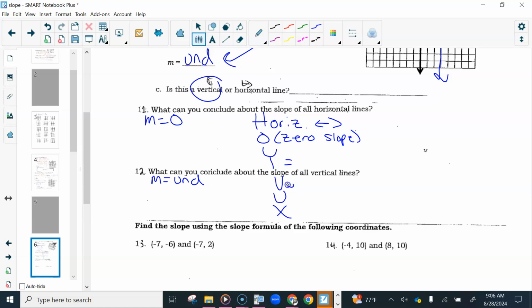Vertical lines have undefined slope and are x-equals. This will come back all throughout the year, to represent our horizontal and vertical lines.